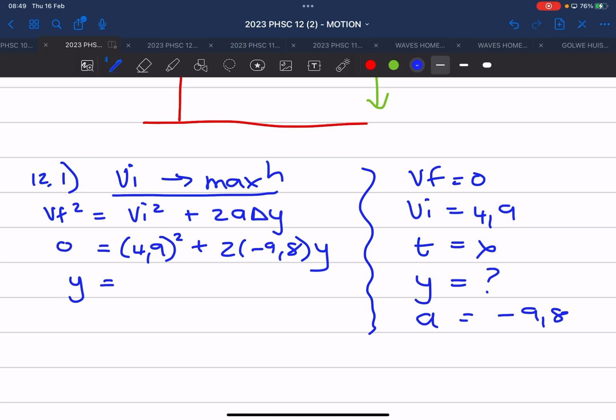Yes. And so can we call it gravitational acceleration? Can I call it gravitational acceleration? Yes. That is exactly what it is.